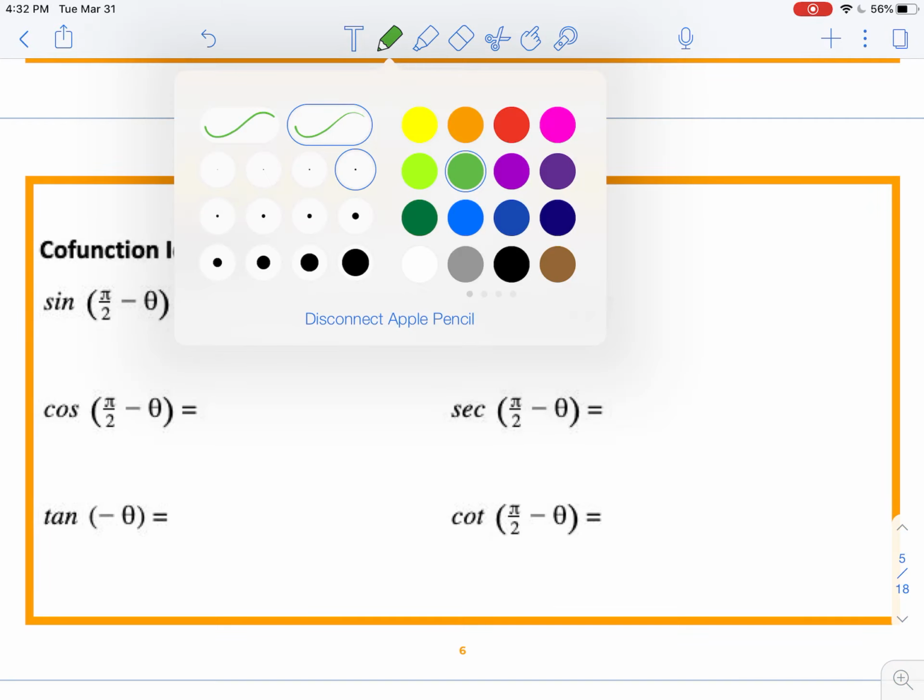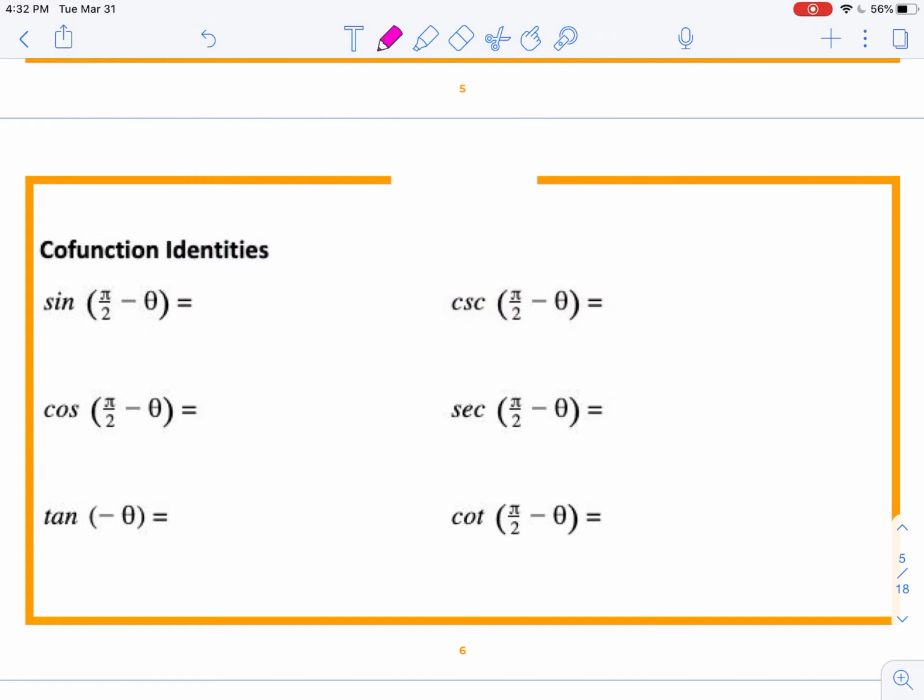Cofunction identities. So cofunction identities are maybe a little bit less intuitive than the other ones we've seen so far, but they really help us find out if we know one of the trig functions, can we find the other one? And so there are actually 3 pairs of cofunctions when we look at these 6 functions.